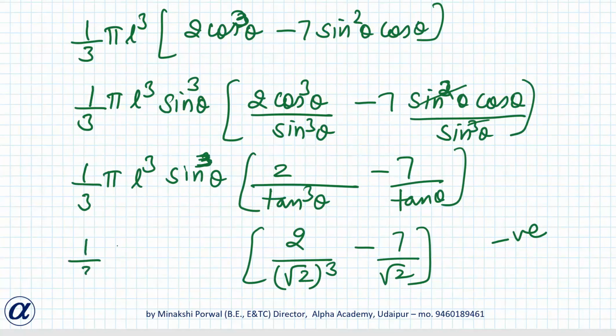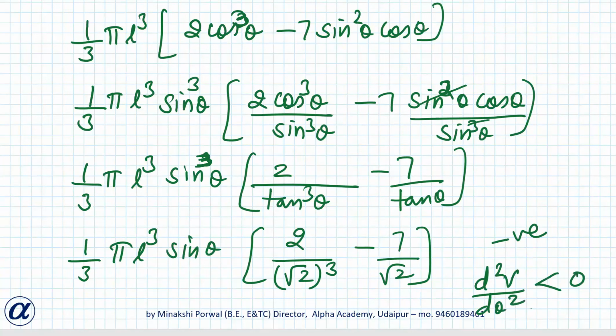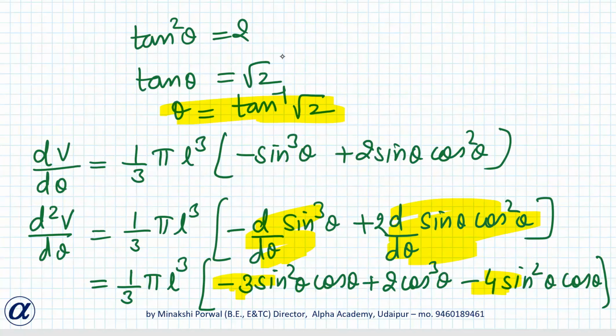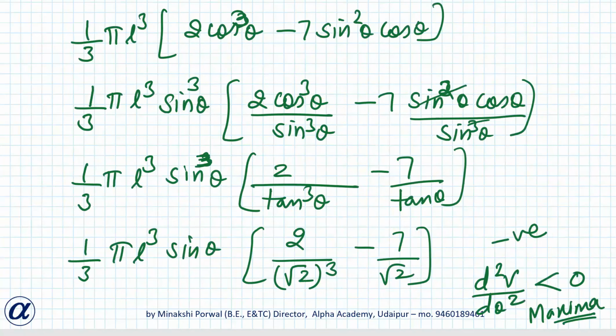So 1 by 3 pi l cube sine cube theta is positive. So what we are getting is d square V by d theta square is less than 0. That means maxima occurs here. And we have already proved that for that value theta is equal to tan inverse root 2. This is what we had to prove.